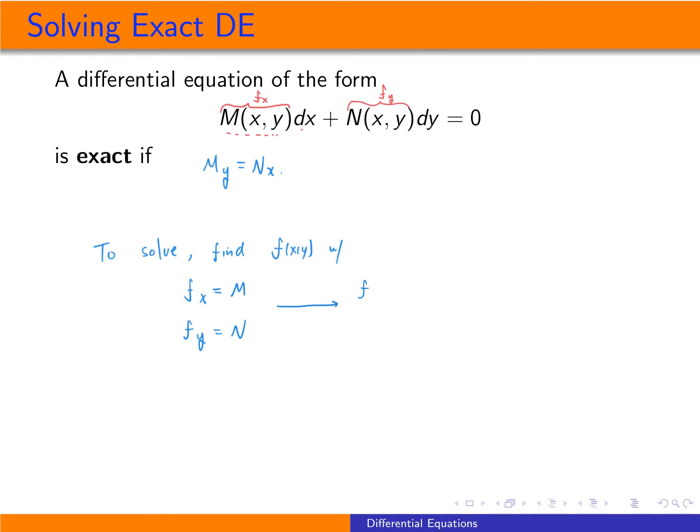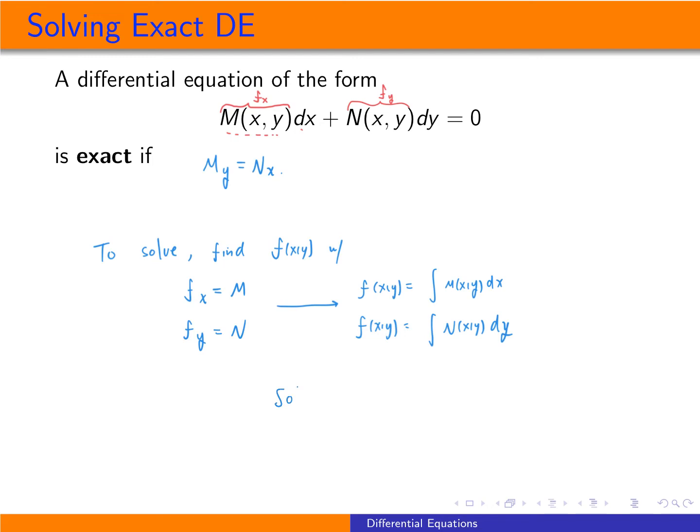Now, in order to find such a function, we need to do some calculus. To undo that partial derivative with respect to x, we need to anti-differentiate M with respect to x. And in the second equation, we undo that partial with respect to y by anti-differentiating N with respect to y. This gives us two representations of the function f, and once we have those two representations, we pair them together to find f.